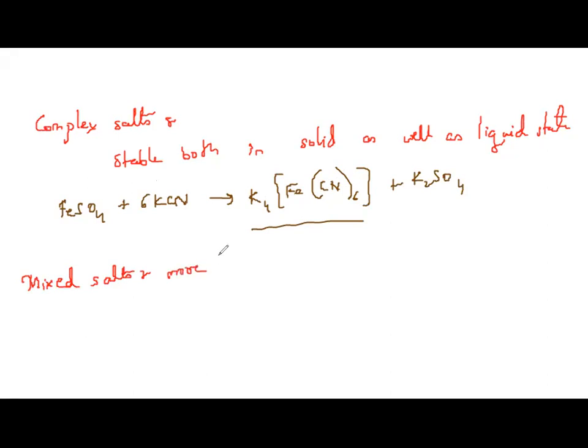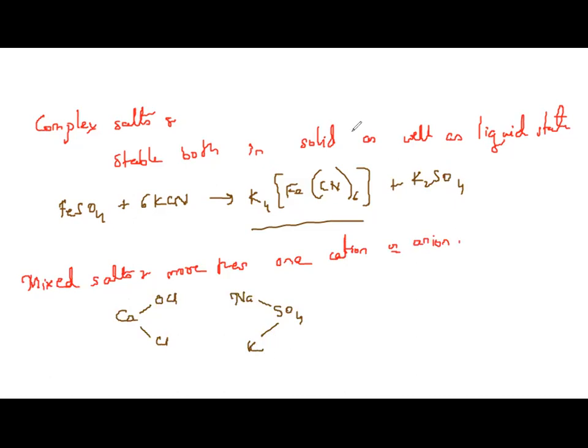Example: CaOCl2, which contains the Ca 2 plus ion, the OCl minus ion, and the Cl minus ion. Another example is NaKSO4. This is an example of a mixed salt.